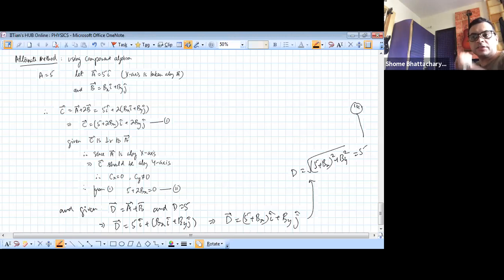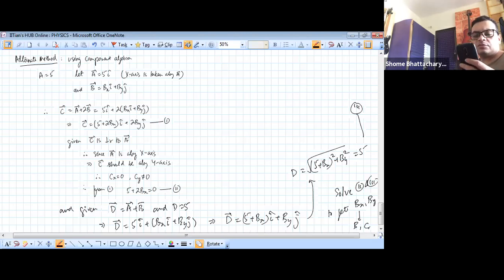So now, from equations 1, 2, and 3, you will be able to get dx and dy. So basically, what you do is you solve equation 2 and 3 to get dx and dy. So from that, you will get mod of D and you will get mod of C. And you will get theta, the angle between them. Is the method clear, people?